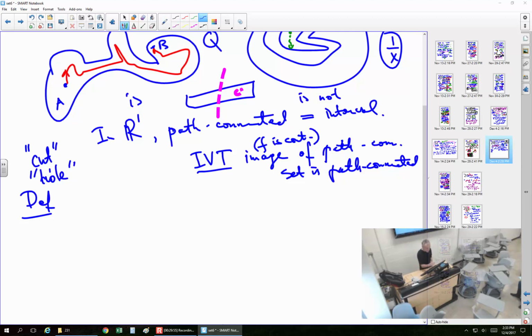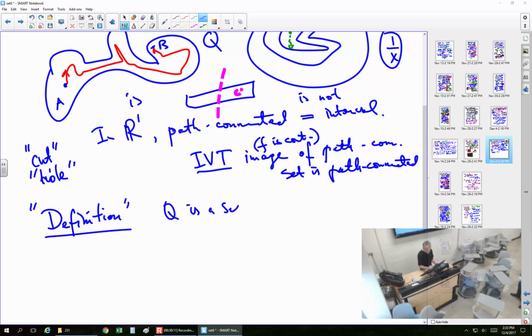So we are going informal here. It is not really a definition, so I put a question mark. Okay, so Q is a subset of Rn. It's called simply connected.